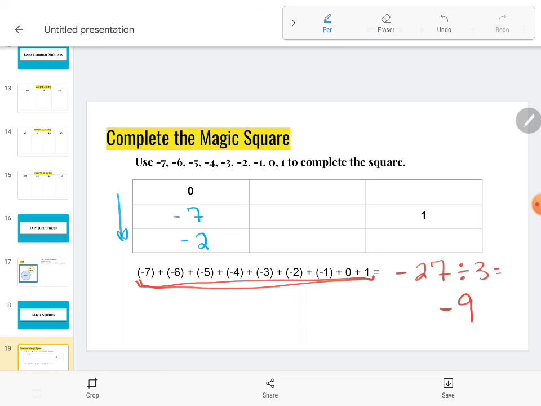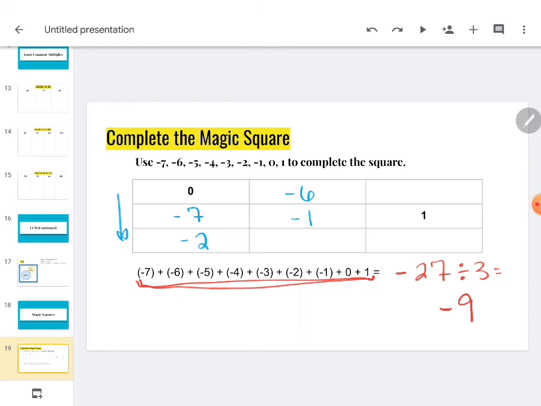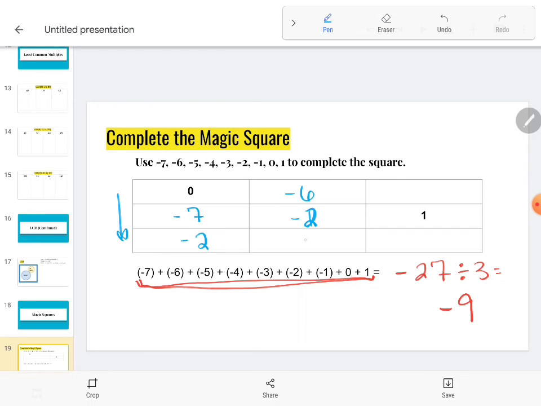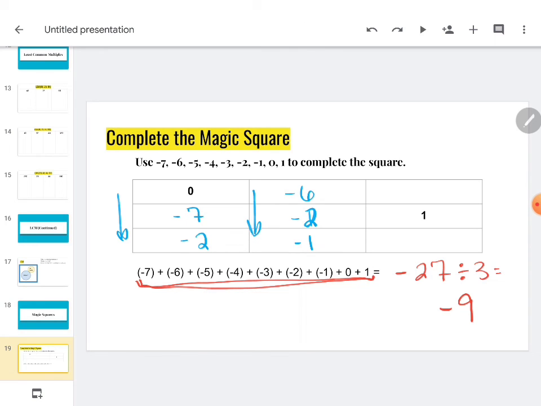We'll have -6, -2, and 1, -1, and that should create -9 as well.